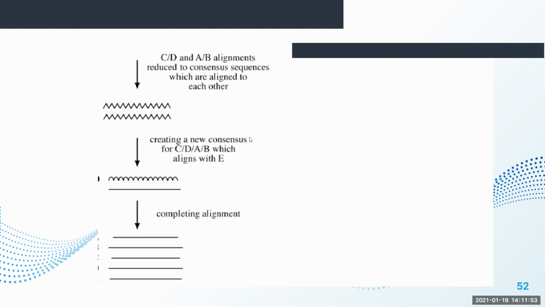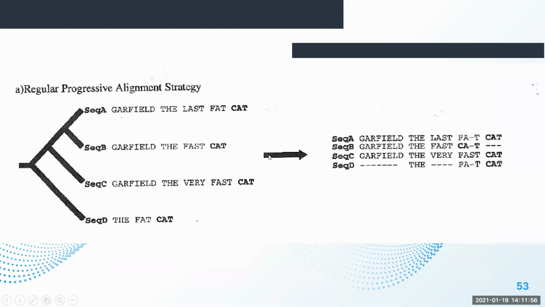Okay. Then I'll give a small example. If you are not familiar with DNA and those things, you can have some kind of text. Garfield, the last fat cat, we take it as sequence A. Then we have another one, sequence B, Garfield, the fast cat.